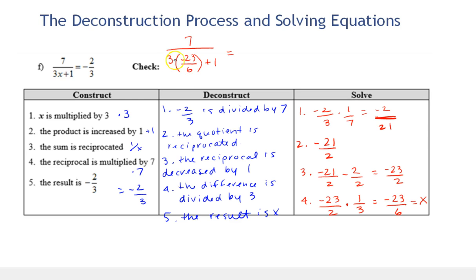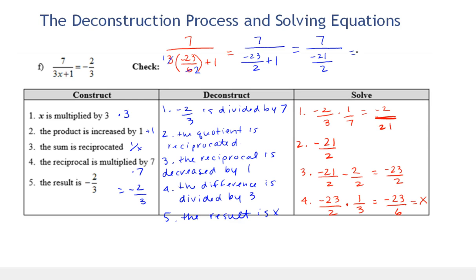I want to multiply this, but they have a common factor of 3, so I'm going to cancel that out. Now we have 7 over negative 23 over 2 plus 1. Now I'm going to add the terms in the denominator. So this would be 2 over 2, so we'd have negative 21 over 2.